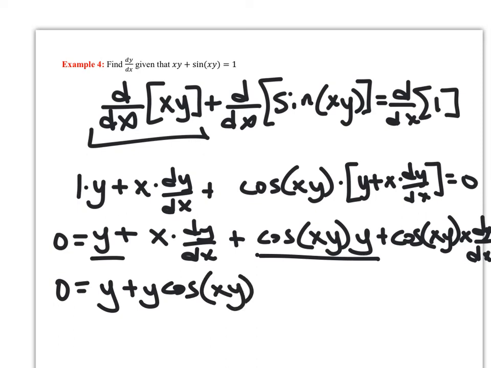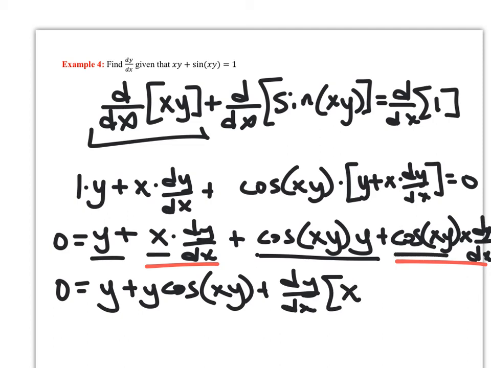And then I'm going to group these two right next to each other and pull out a dy/dx. So I pulled dy/dx out of both of those. That leaves me with x out of this one and x cosine of xy in that one.